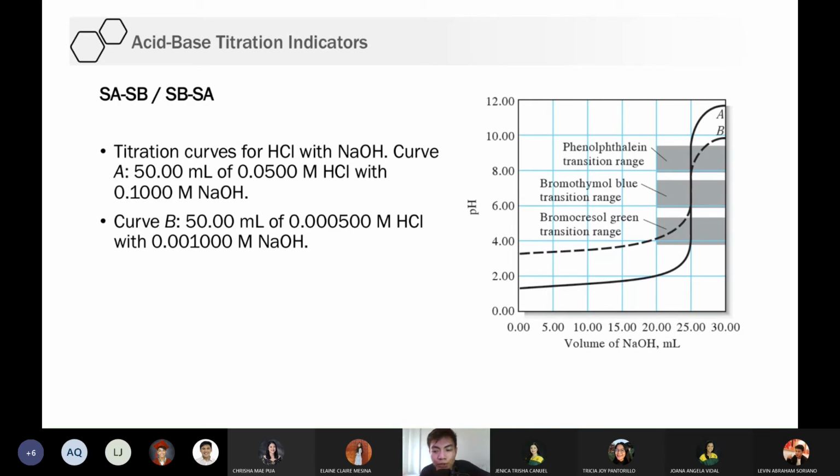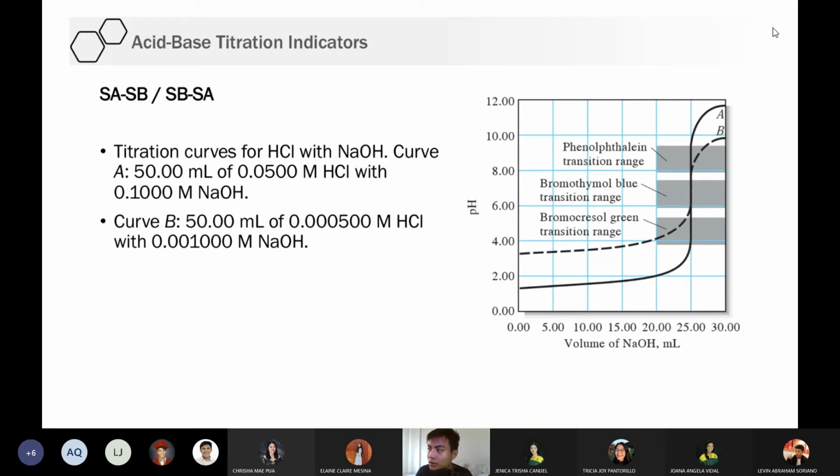And since it is shorter, it will only pass through the color change of some indicators na lang. Ibig sabihin, hindi na pwede gumana yung ibang indicator kapag mahina na yung acids mo. Kasi yung ating inflection point ay umiigsi, no?